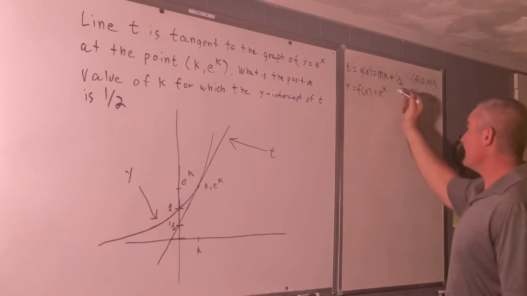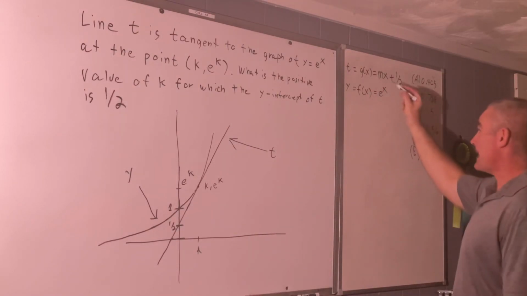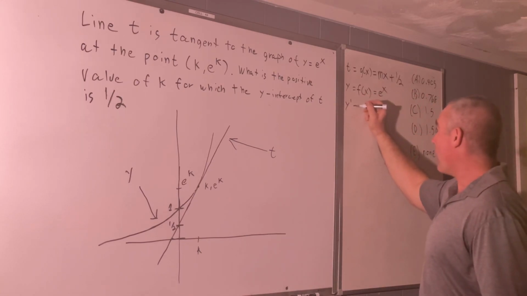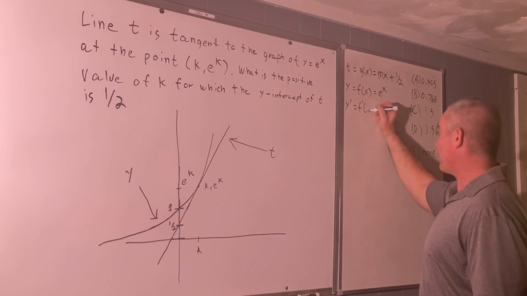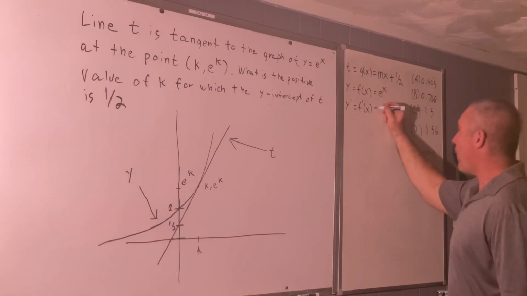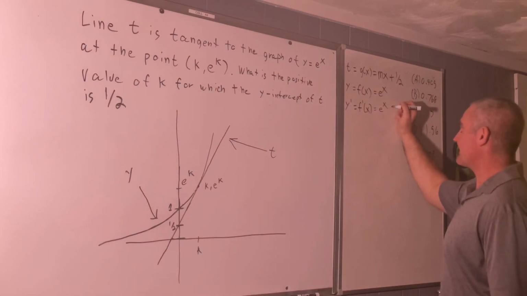Since this curve y is equal to e to the x, y prime, or the slope, f prime of that function evaluated at x, is also equal to e to the x.